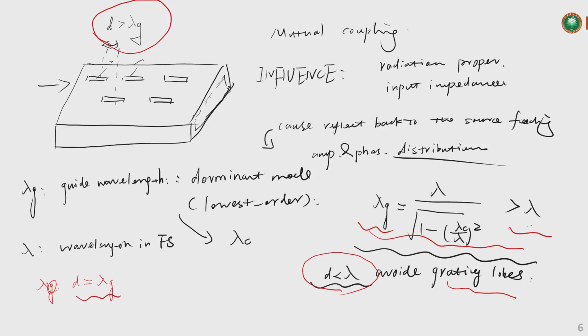So for d equals lambda g, that means there is a phase difference of how much? How much? 2 pi, alright? One wavelength corresponds to a phase difference of 2 pi.